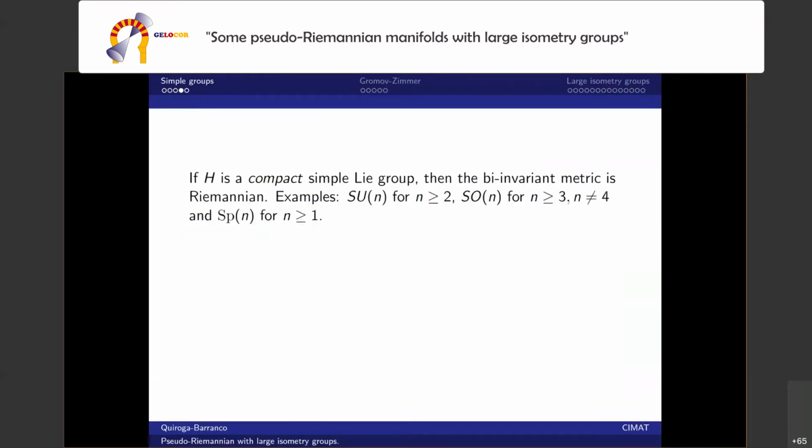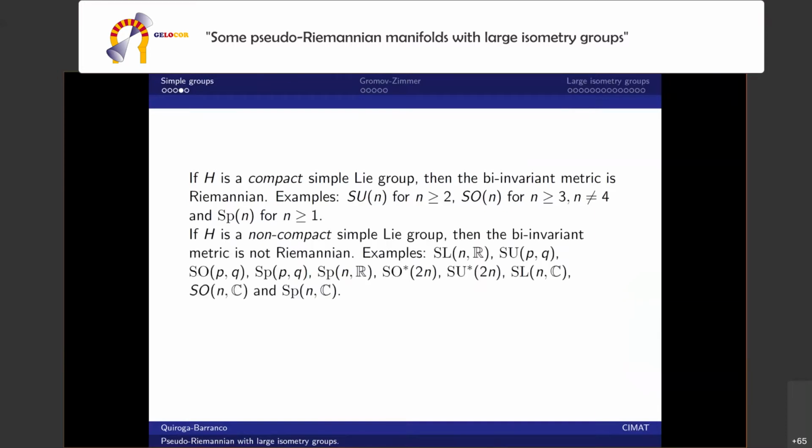So really very simple. What about the index, the behavior of this, to have actual pseudo-Riemannian manifolds? If H is a compact simple Lie group, then the bi-invariant metric is really Riemannian. For non-compact simple Lie groups, you have a bi-invariant metric which is not Riemannian.